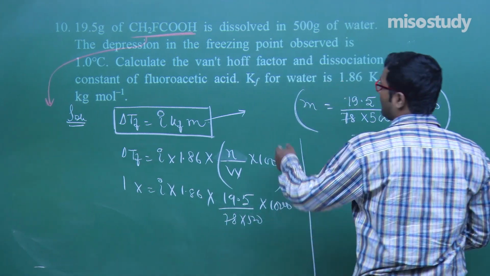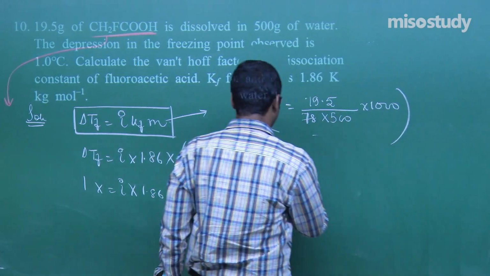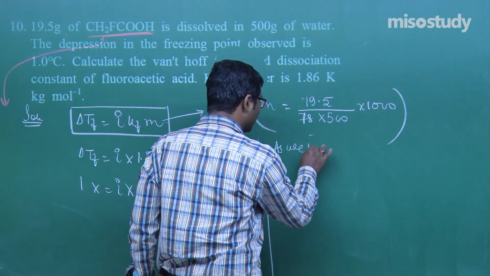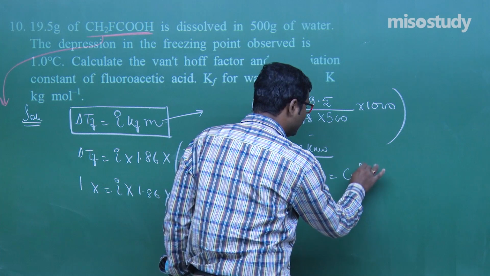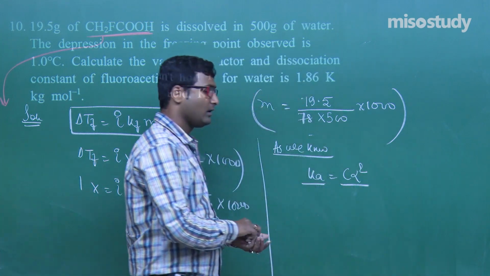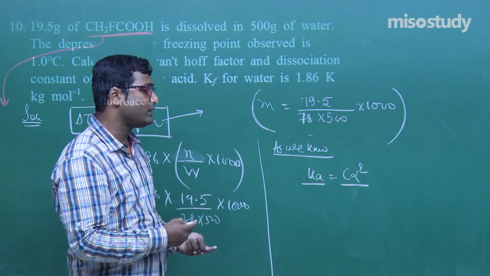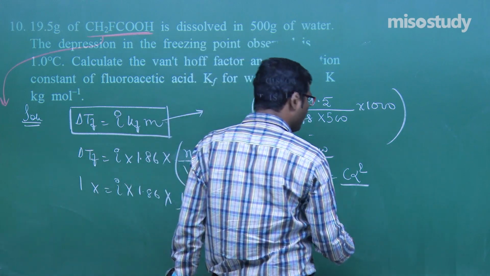That is the dissociation constant. As I discussed earlier, dissociation constant K is equal to C alpha square upon 1 minus alpha.